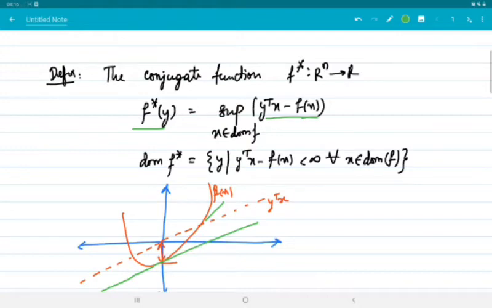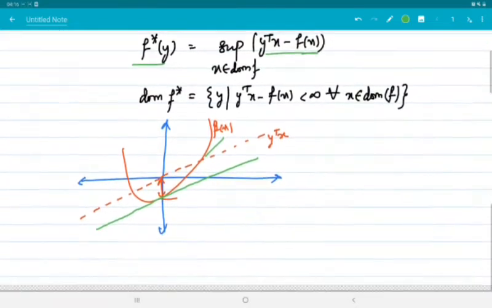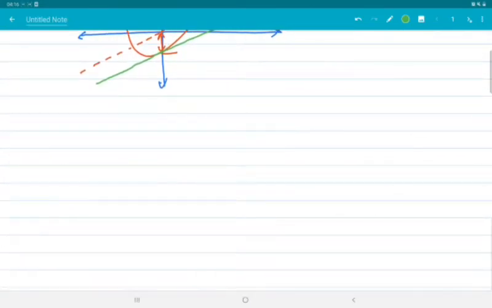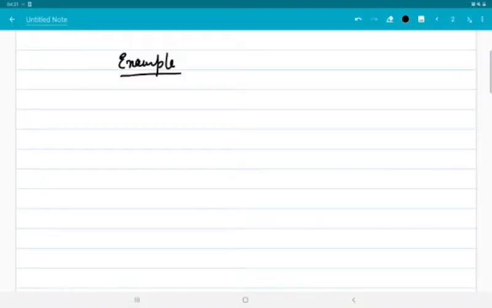So f(x) can be anything weird, but y transpose x minus f(x) is linear in y, and that's why its supremum is also convex. So it is essentially a good tool to convert some weirdly behaving functions into a convex function. Okay, so we look at an example.